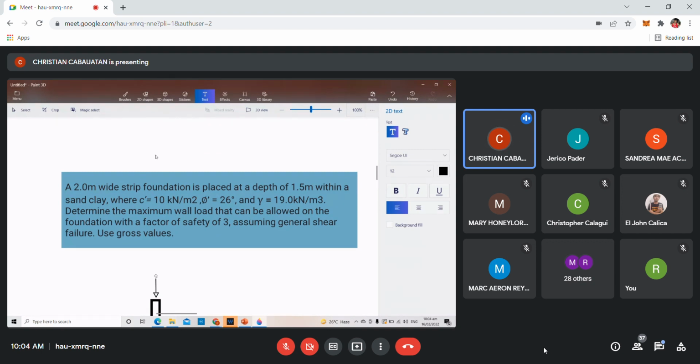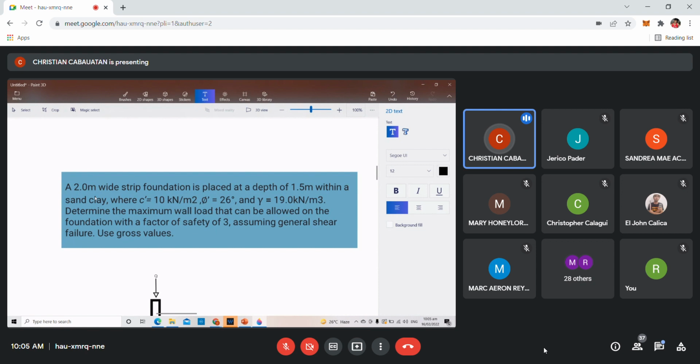Pero kapag si strip foundation naman siya, kapag walang ini-stated na length, you would default as 1. So, ang ibig sabihin nito, a 2 meter wide per length. Per meter length. Okay? Okay lang? May question doon? None, sir. Okay.